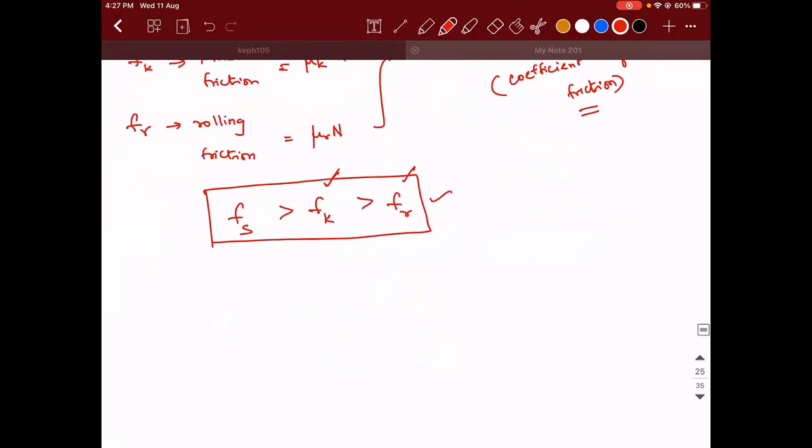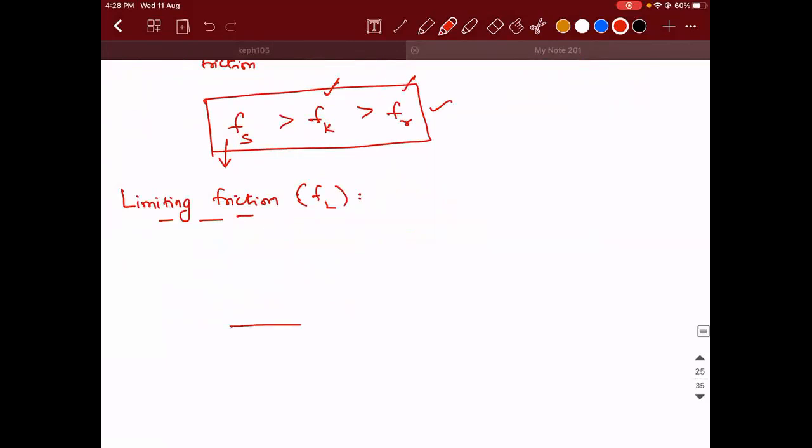So in static friction itself, I need to explain a term called limiting friction. Limiting friction is represented by the symbol F with the suffix L. Now I'll explain it in this way.